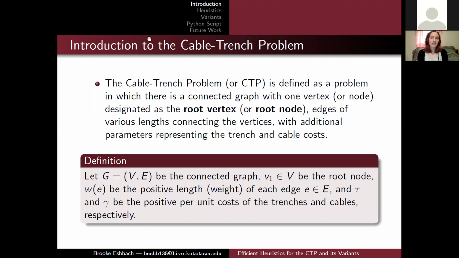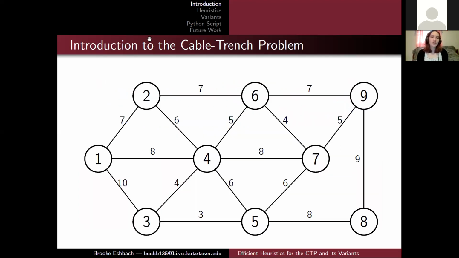So we have G as our connected graph, V1 is our root vertex, WE is our positive length or weight for each edge, and then we have tau and gamma are our trench and cable costs respectively. So this is an example of a graph that we would use for the CableTrench problem, and it's actually one that we are going to look at throughout this presentation. And it's relatively small. It only has 9 vertices and 16 edges, and you can see that all the edges are weighted.